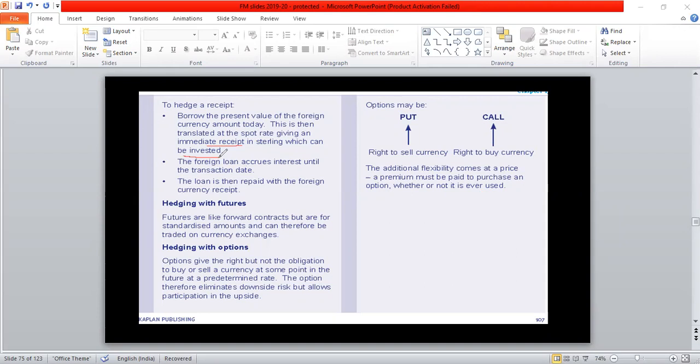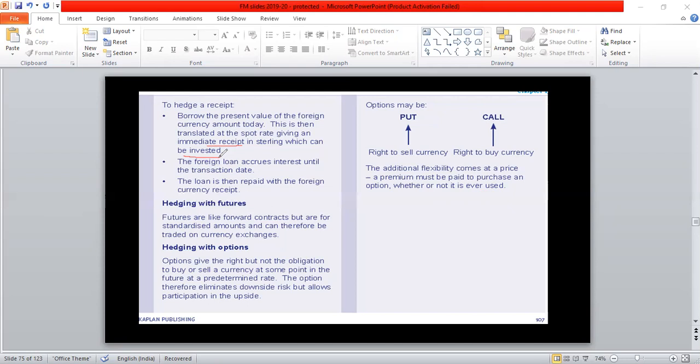This is then translated at the spot rate, giving an immediate receipt in sterling, and this can be invested. Fine. Then the foreign loan accrues interest until the transaction date. The loan is repaid with the foreign currency receipt. Okay, that is another example based on hedging with the receipt.